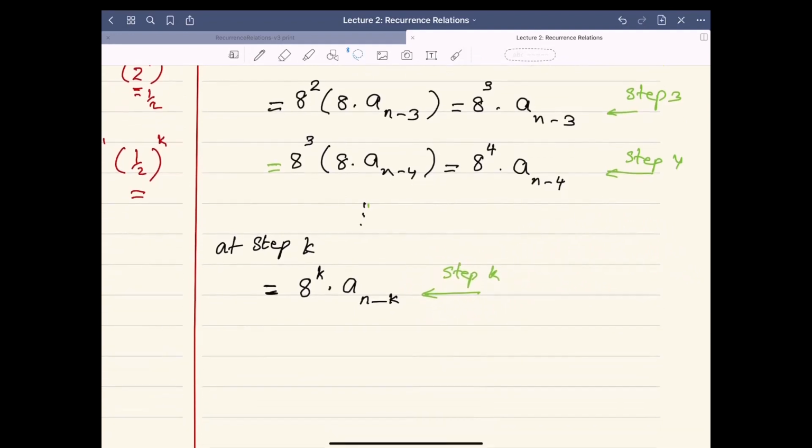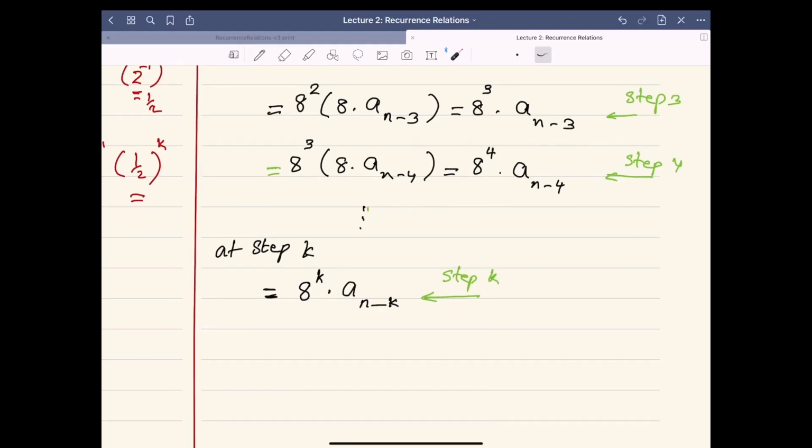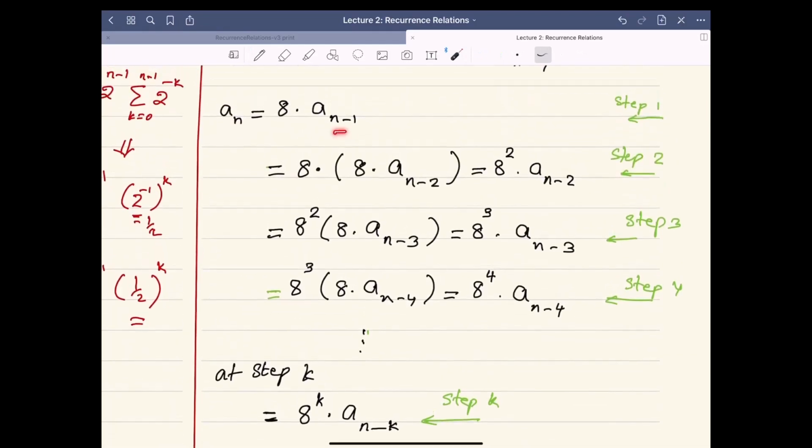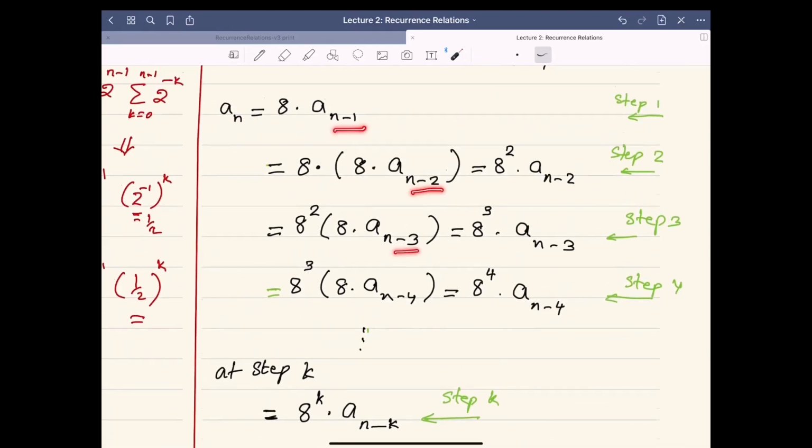Now this is not the final answer. Now I need to see what is the relationship between n and k, because the answer should be in terms of n, not k. K is the step number, but n is the index. How far are we going to subtract? See, we are subtracting minus 1, minus 2, minus 3, minus 4.